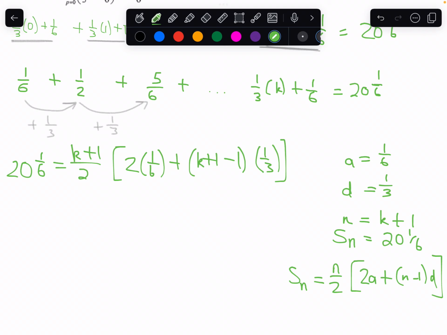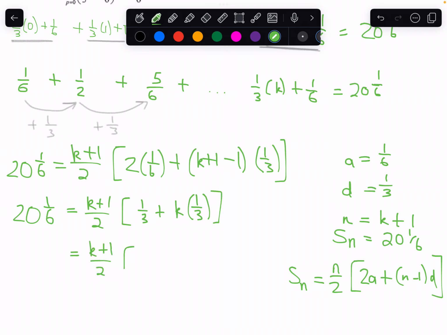So I've just substituted all that information into this equation. Again, just a whole bunch of fractions, nothing to fear. Just going to simplify inside. K plus 1 minus 1 is just k, times a third, which is just k plus 1 over 2.